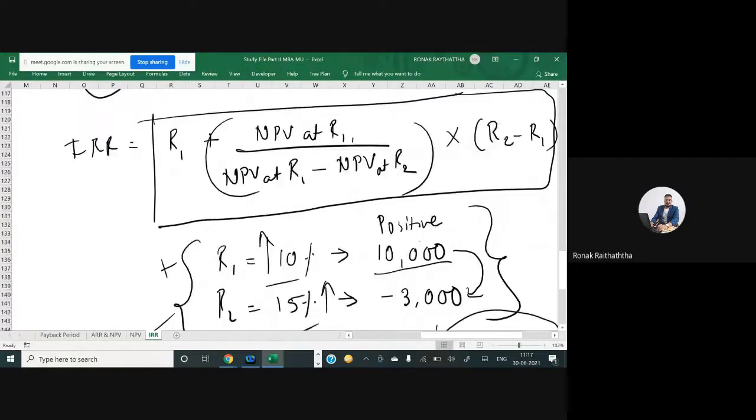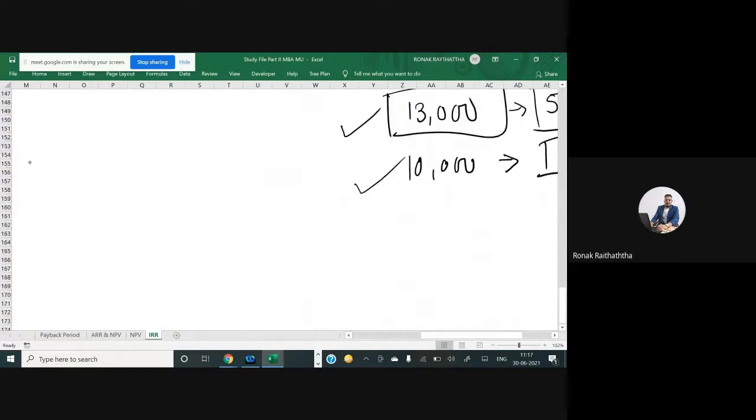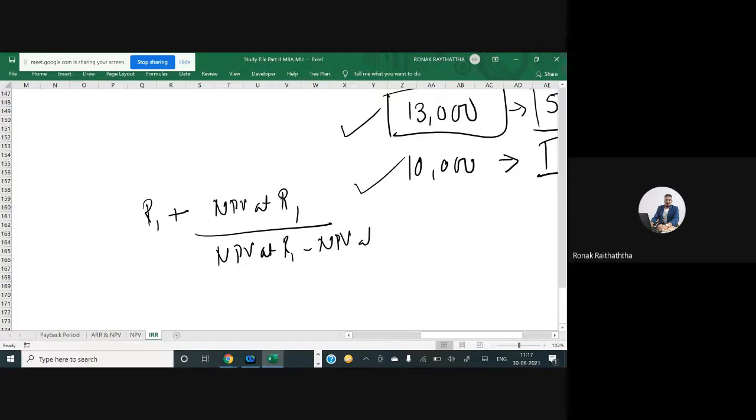Please rectify this. IRR, I am again telling, is R1 plus NPV at R1 divided by NPV at R1 minus NPV at R2, multiplied by R2 minus R1.